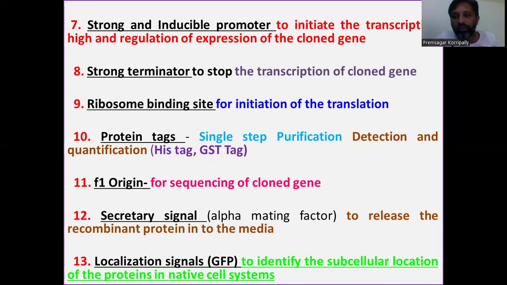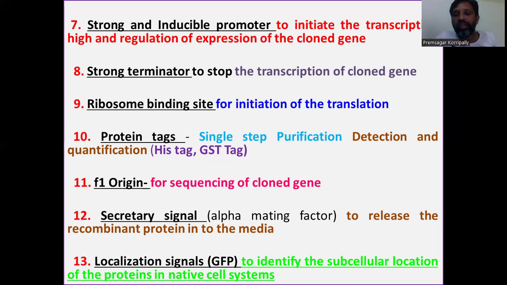You can clone your gene and transform it into the native system with the GFP, and your protein and GFP will go to their native location. Under blue or UV light, they'll emit a signal, and you'll know that particular protein's localization.